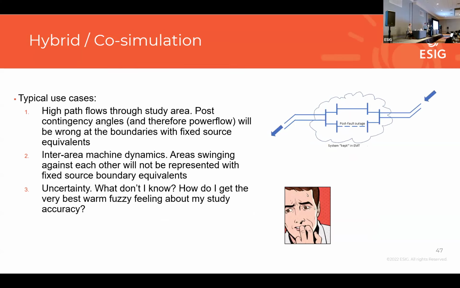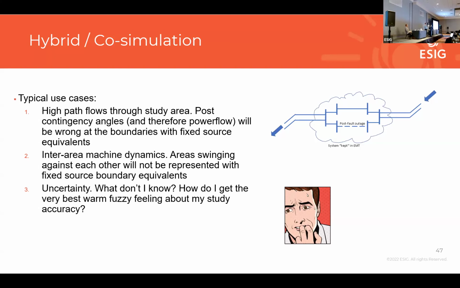The typical use cases for hybrid or co-simulation are in scenarios where we have a high power flow through our EMT system. If we interrupt that power flow in your phasor domain simulation, the angles are going to change in the whole region. All of the buses are going to get some new angles, and they might be really big changes.